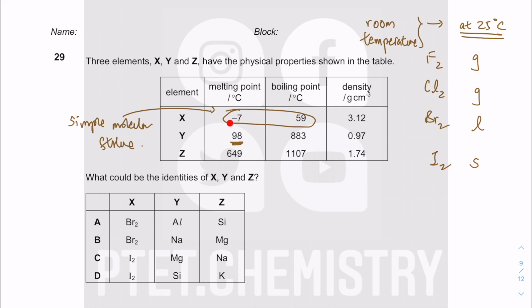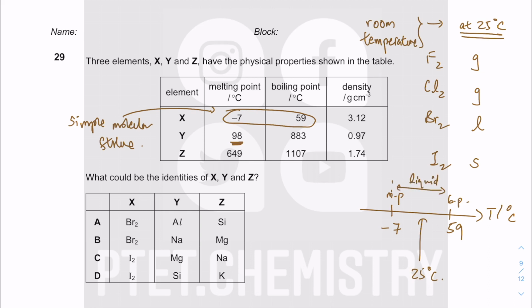Okay, so this is -7 and 59. If you have temperature, a very simple diagram scale like this. This is melting point, this is boiling point, 59, and I have around 25 degrees Celsius there. So between melting point and boiling point, it must be a liquid. Before your melting point, it must be a solid. After your boiling point, it must be a gas.